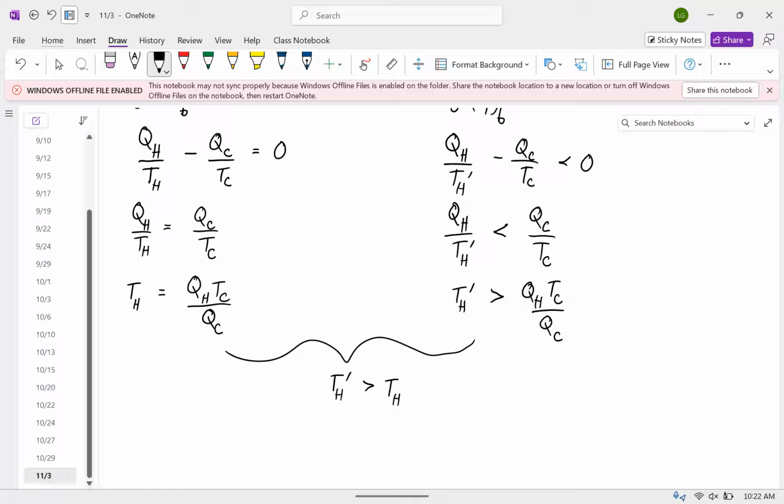What you need to remember for the inequality, if you're cross multiplying, is that QH, QC, TH, TC are all positive because these temperatures are in Kelvin. And so that affects the kind of math that you're doing with the inequality.